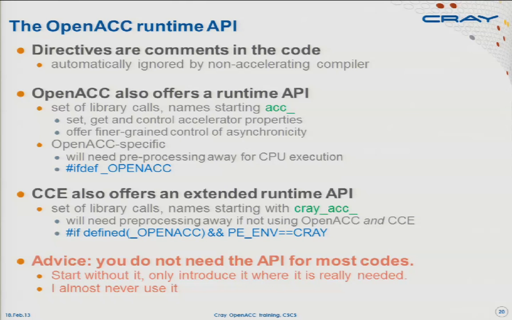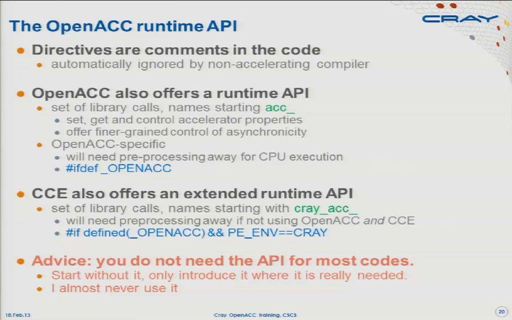These calls are library calls. They're part of openacc.h, the include file. And just like OpenMP runtime calls, these would be library calls that are still there if you switch off OpenACC recognition. So if you really want your code to compile both on the CPU and the GPU and you want to use the runtime functions, you will have to pre-process around them.